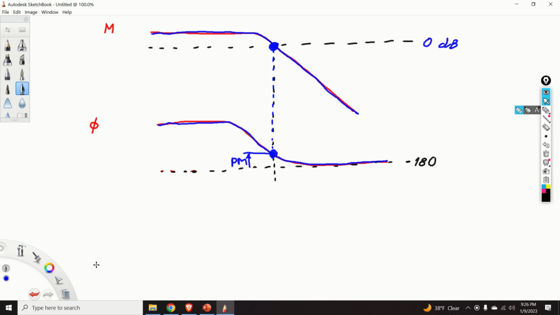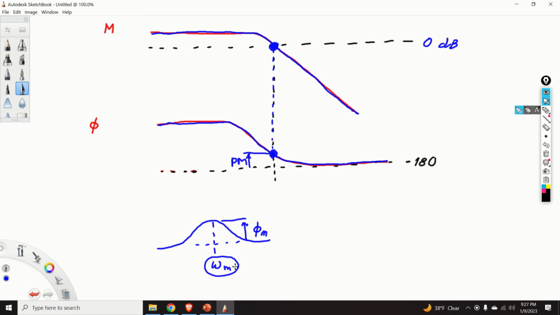The phase of the phase lead compensator looks like this. And the maximum is achieved at omega m. The maximum value is equal to phi m. Our goal is to design this frequency.